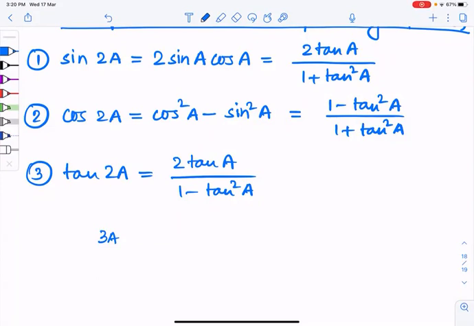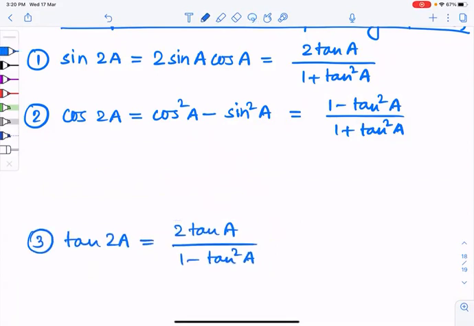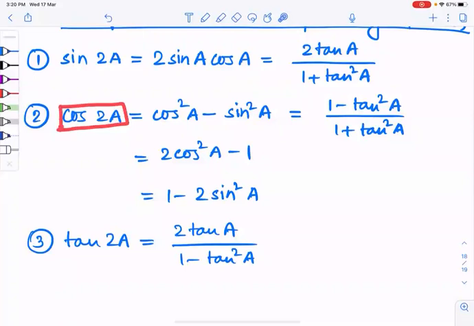One more thing I forgot to mention here, that is for cos 2a, we have some more formulas. That is, this can also be written as 2 cos square a minus 1, or it can also be written as 1 minus 2 sin square a. So if I need to express cos 2a only in terms of cos, I'll apply this.